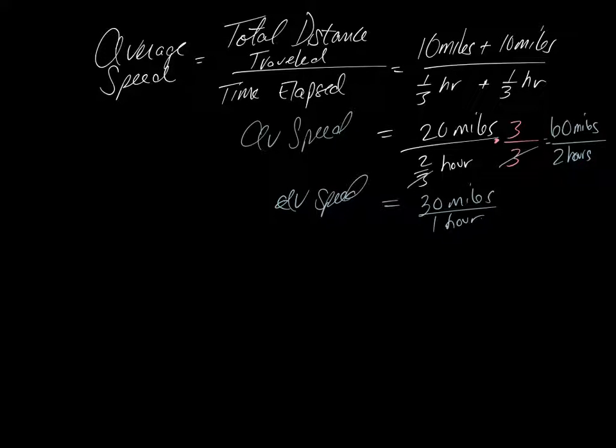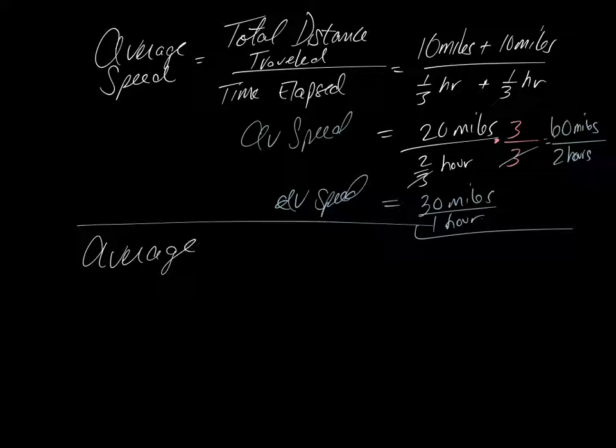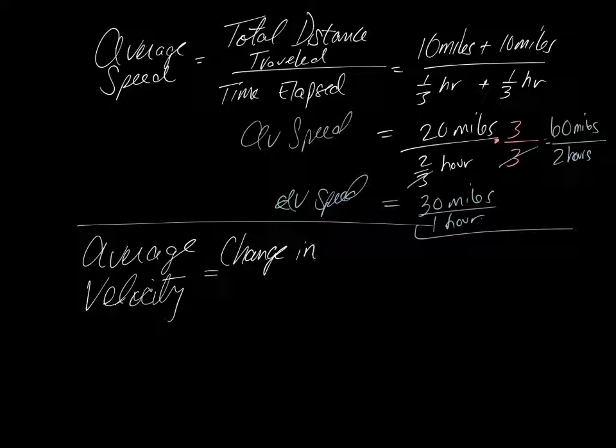Okay? Now, if I want average velocity, it's like a totally different story. Okay? Average velocity is going to depend on my change in position, and it's still divided by my time elapsed.